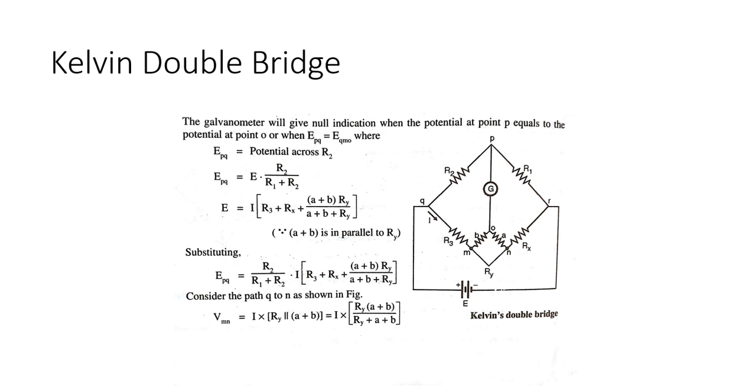But one thing that is very important is that R1 and R2 are primary arms, and these are the secondary arms, and they are selected in such a way that R1 divided by R2 is equal to A divided by B. So after doing all the mathematics, we are getting a simple equation like this: Rx is equal to R1 into R3 divided by R2.